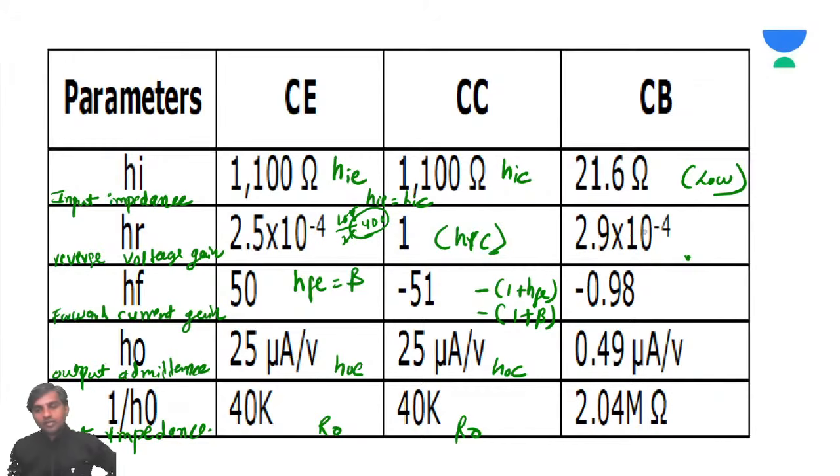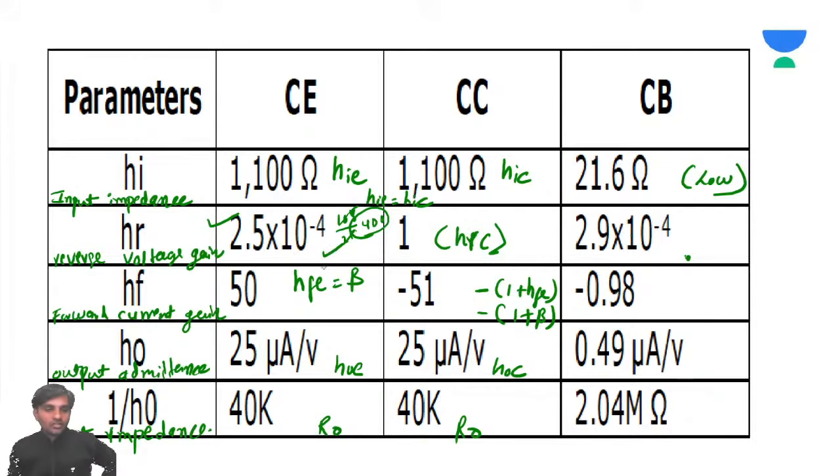So here also you'll get almost the same. But the voltage gain for a common emitter is high when compared with common base. Whereas for common collector, voltage gain is going to be only unity. Earlier we discussed that a common emitter can be used for voltage gain also.